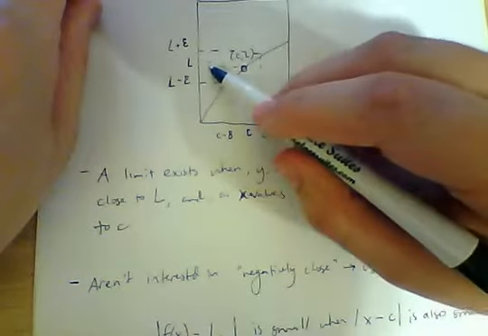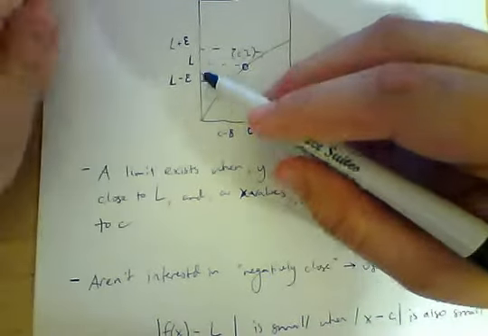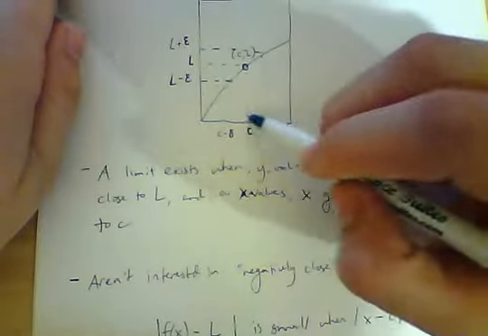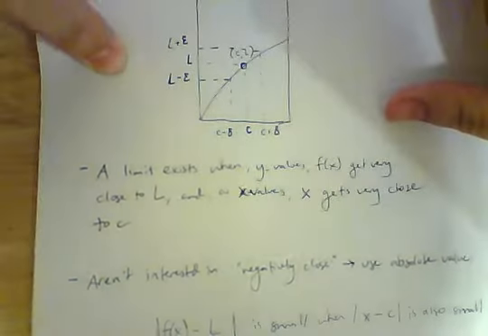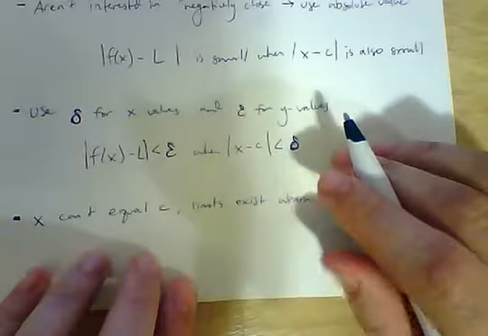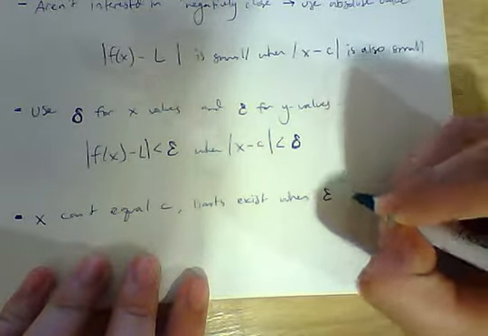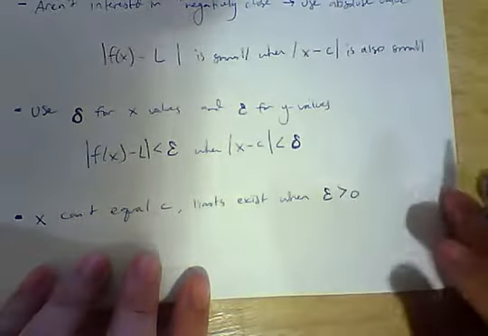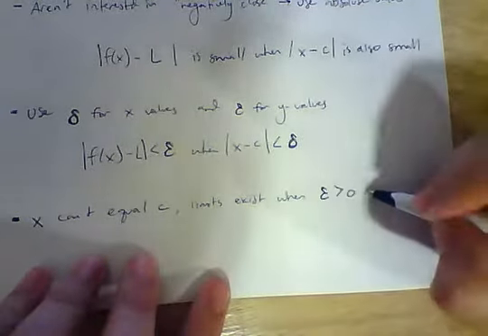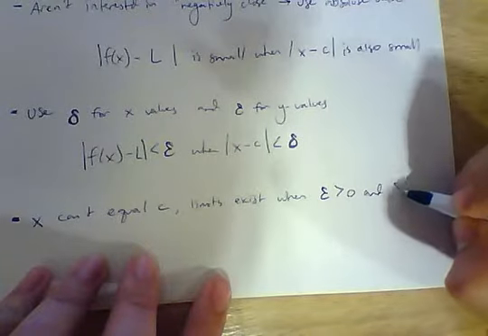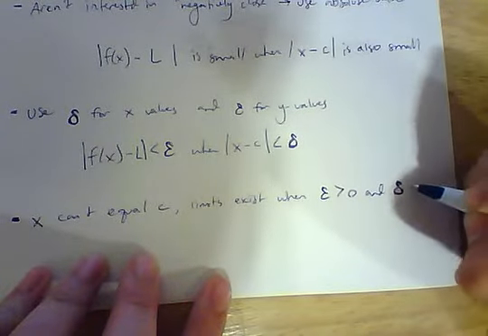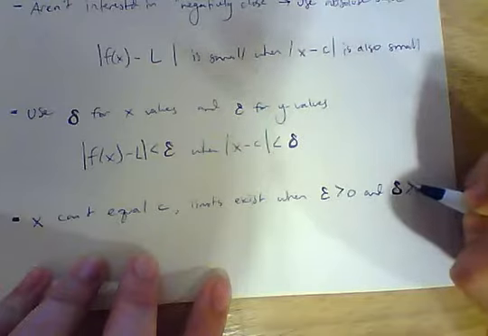So that approximation room has to exist. That approximation room for our epsilons and for our deltas can't be equal to 0. So we know that our limits exist only when our epsilons are greater than 0 and when our deltas are greater than 0.